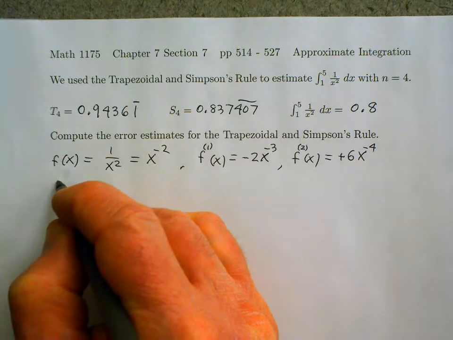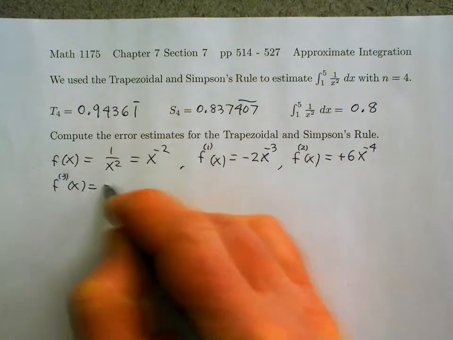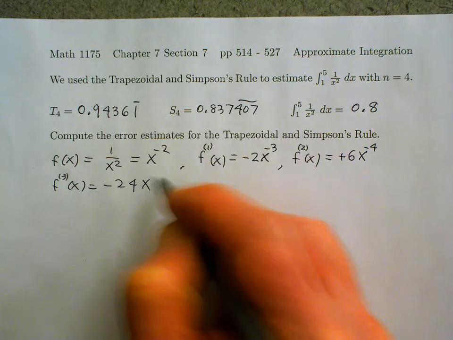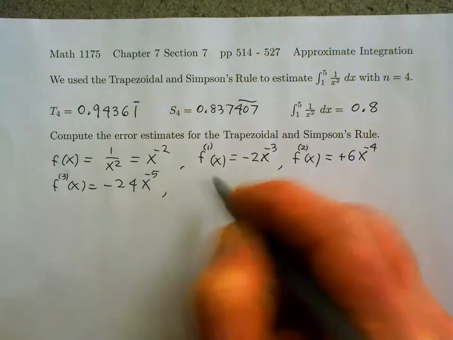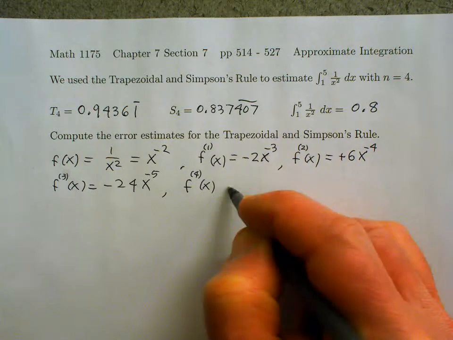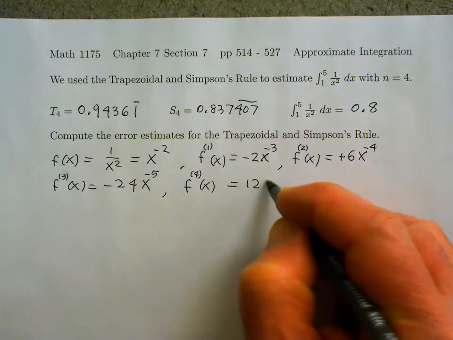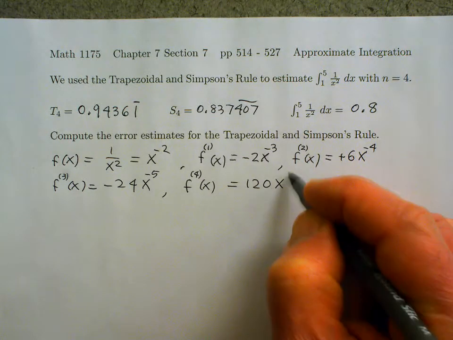The third derivative is negative 24 times x to the negative 5. And then finally, the fourth derivative is 120 times x to the negative 6.